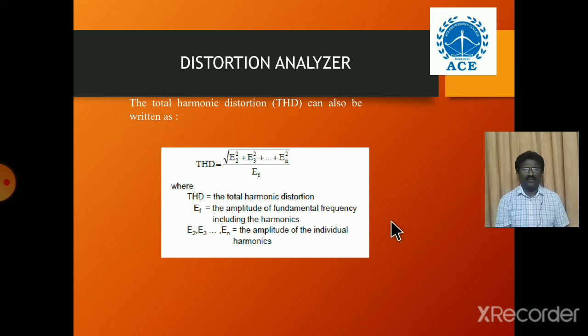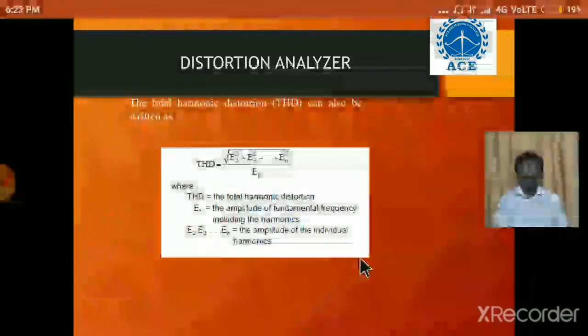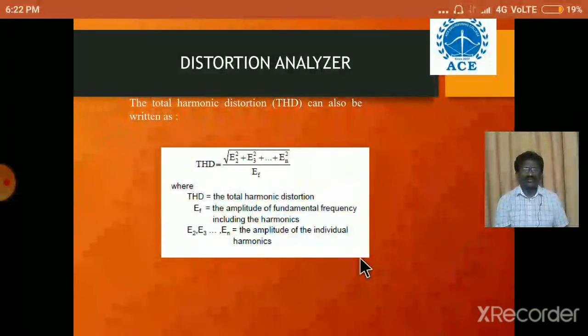With the help of the distortion analyzer we can measure total harmonic distortion, which can also be written as THD equal to the square root of E2 squared plus E3 squared plus so on up to En squared, divided by EF, where THD is the total harmonic distortion.